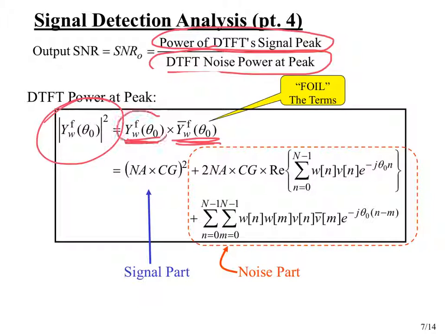So we have a sum of two times a sum of two, and we'll FOIL that. So if you go all the way back to your high school days, you will remember that FOIL stands for first times first, outsides, so outside times outside, inside times inside, and last.